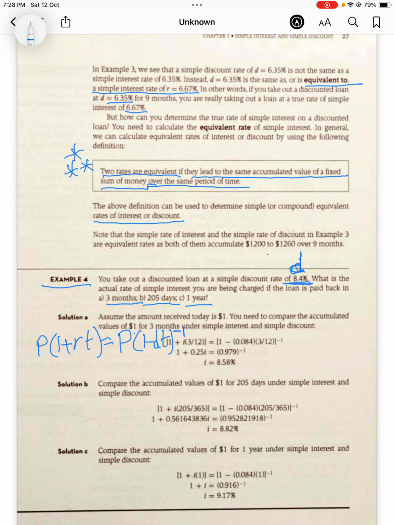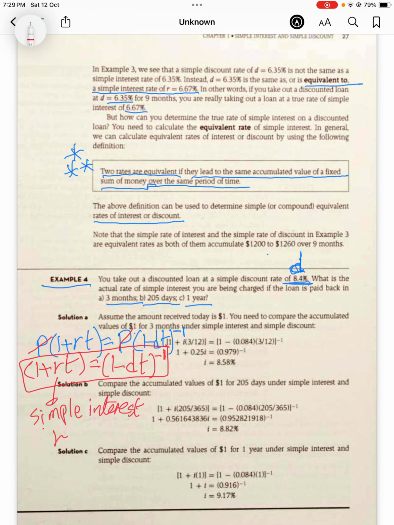You can cancel B. You will have here 1 plus RT equal 1 minus dt to the power negative 1, where R is the simple interest rate and d is the simple discount rate.